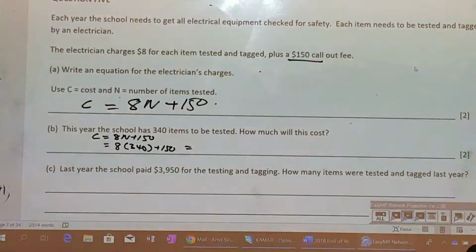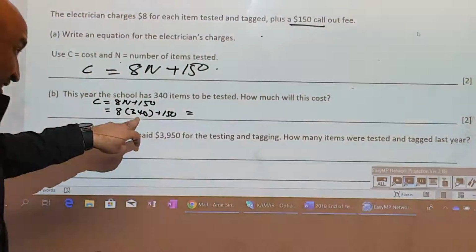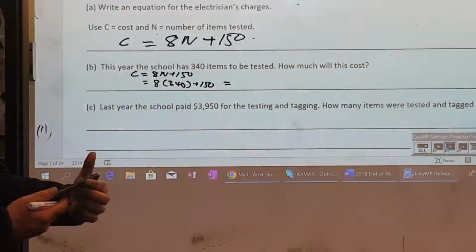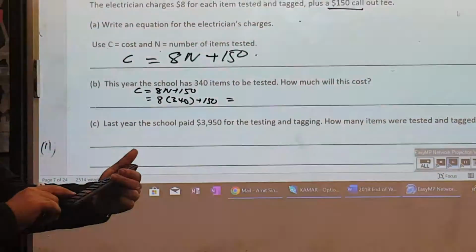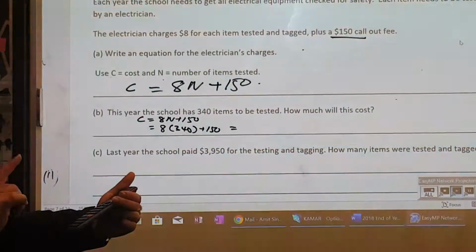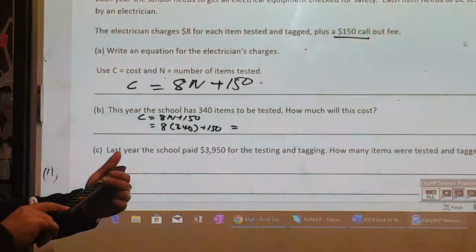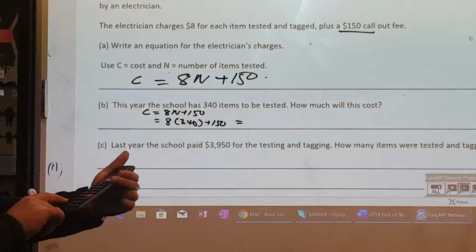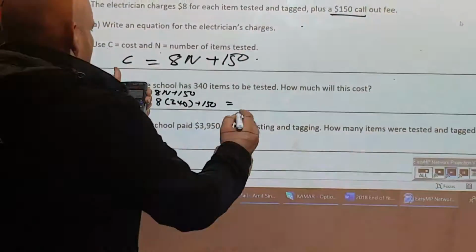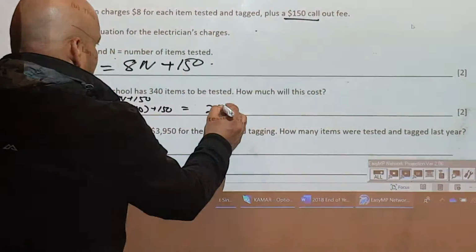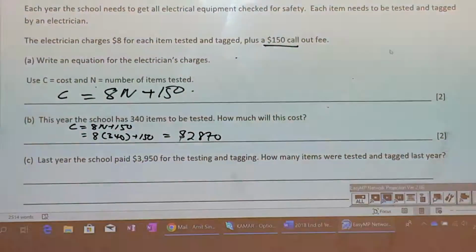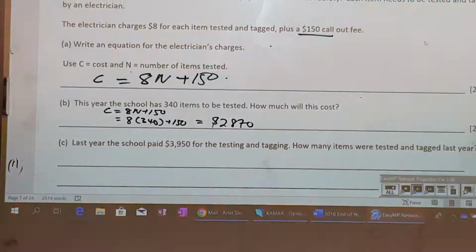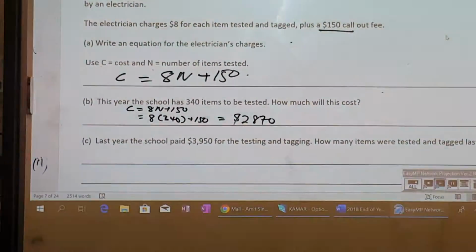Because there were 340 items being tested, 8 times 340, because for one item he charges $8, then plus 150. So the total it will cost the school is $2870. That's the total that it will cost the school. Clear?